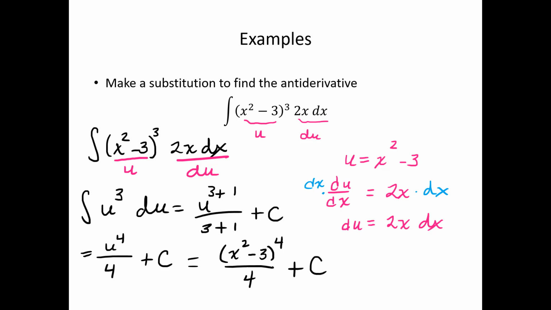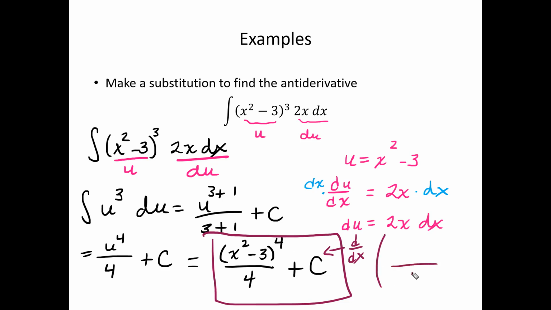As I mentioned, if you take the time to find the derivative of this answer, remember how we'd find the derivative with the chain rule? The 4 on the bottom just stays the same. I bring the 4 down front, subtract 1 from the power, times the derivative of the inside. Notice that gives you this back.